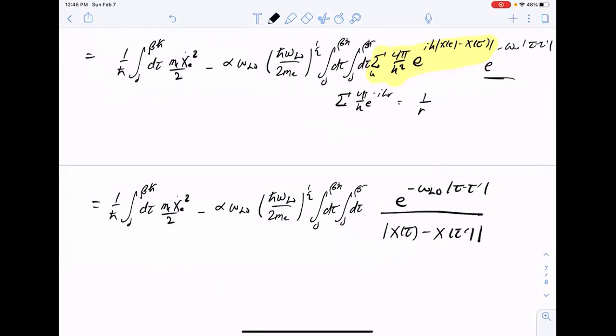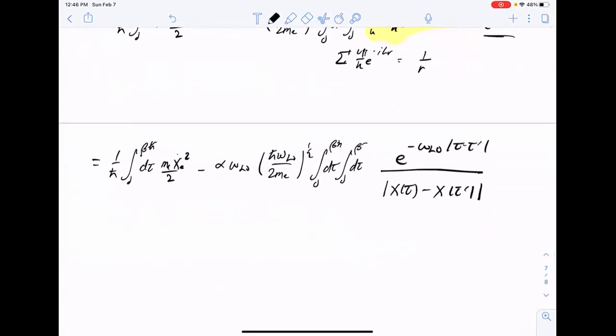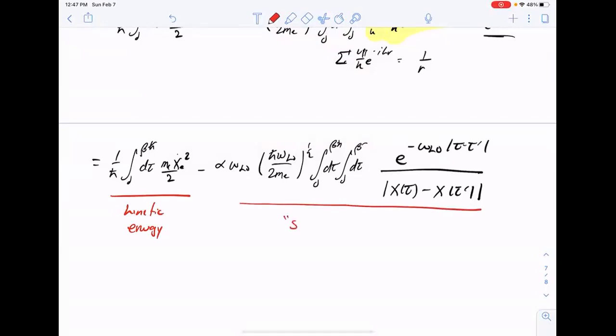And now, taking a step back, we find that integrating out the phonons gave us kinetic energy, but in addition, we have now a screened Coulomb interaction acting on the electron at different imaginary time points.